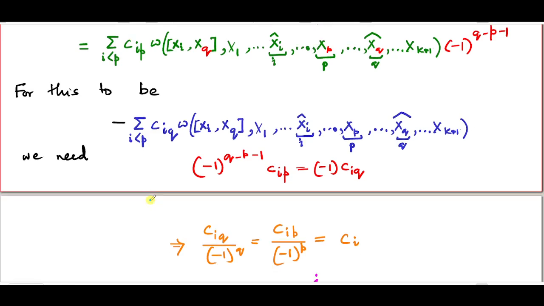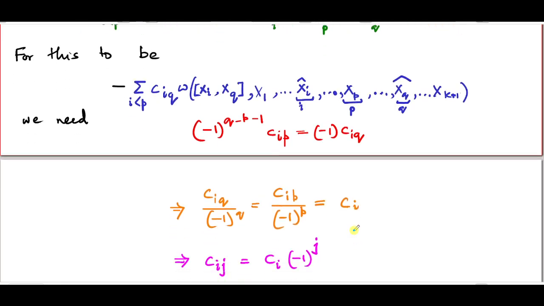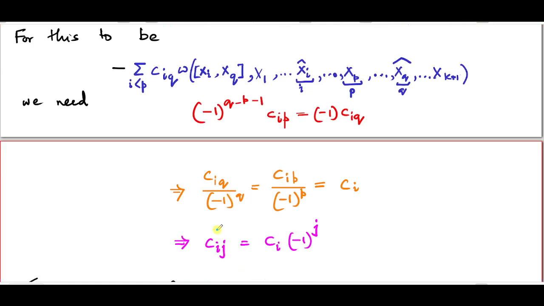Now this can be very easily rewritten in the form c_iq by (-1)^q equals c_ip by (-1)^p, and since this will work no matter which p and q you use, at least for a given i, you must have the following. This pair must be equal to c_i, where we have left open the possibility that the c's for different i's are independent.